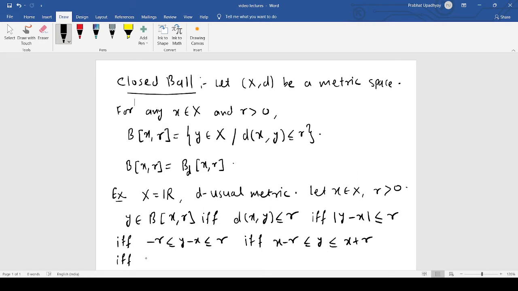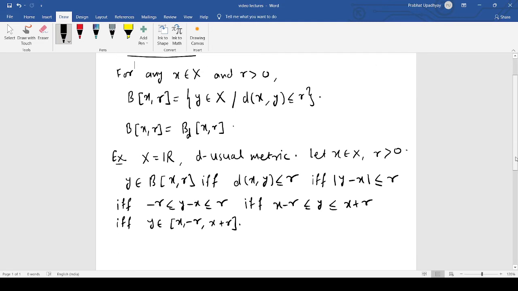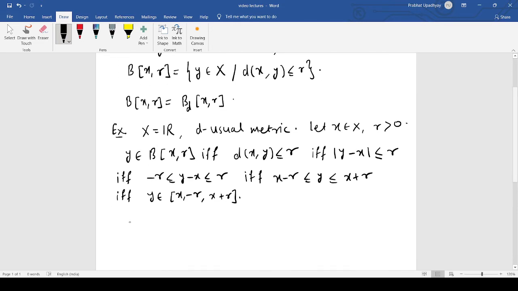So you can say this is possible if and only if y belongs to the closed interval [x - r, x + r]. That means you can say closed ball centered at x of radius r in the set of real numbers is the closed interval [x - r, x + r]. Let's see a few more examples.